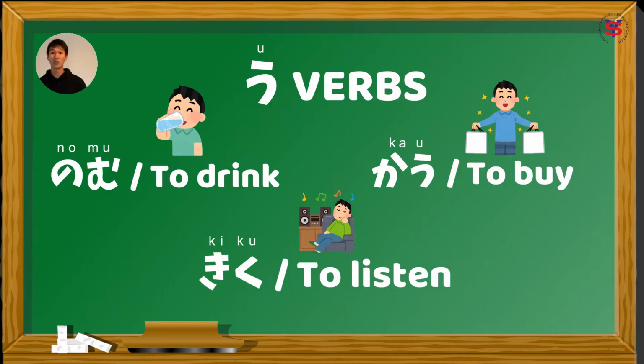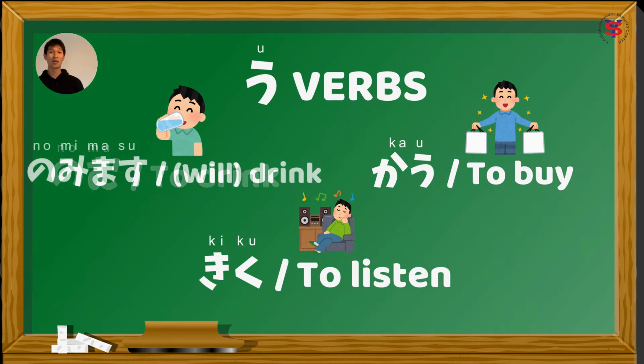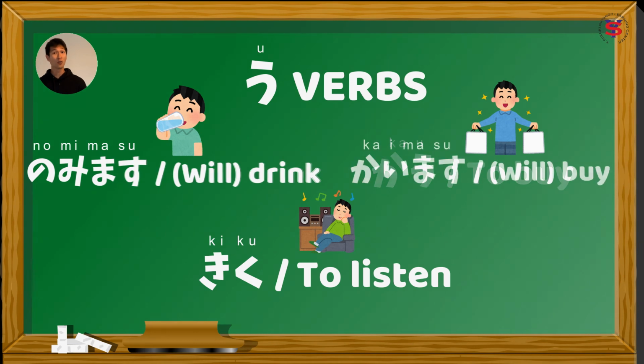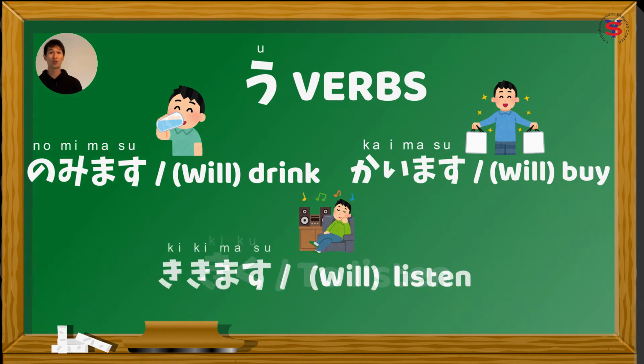So tignan natin ulit yung mga examples natin kanina. Nomu, to drink, becomes nomimasu, or I am drinking or I will drink. Kau, to buy, becomes kaimasu, or I am buying or I will buy. And kiku, to hear or to listen, becomes kikimasu. I will listen or I am listening.